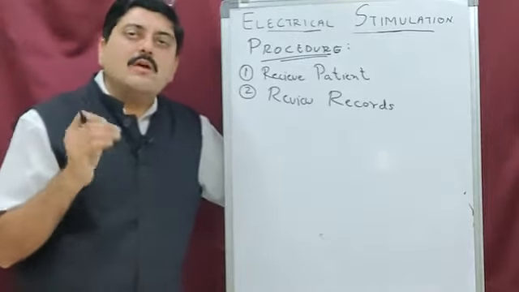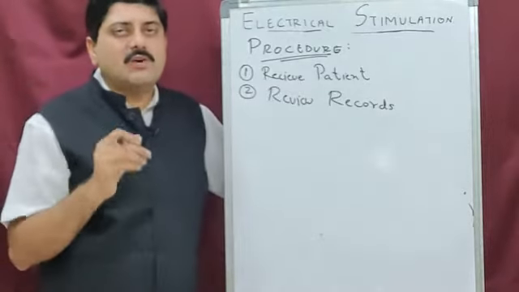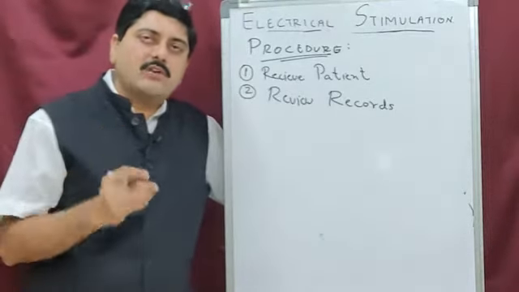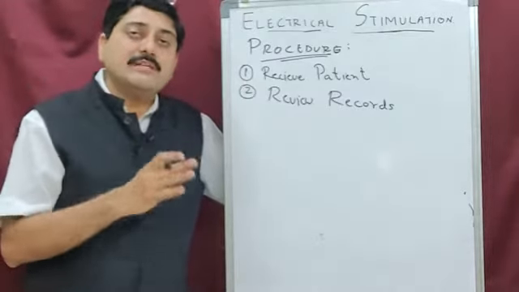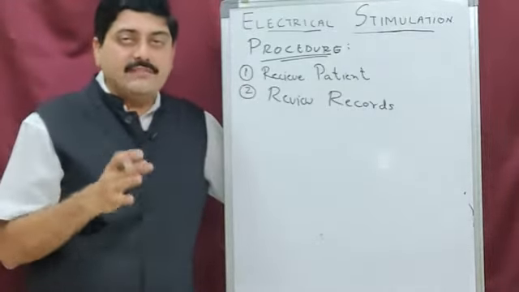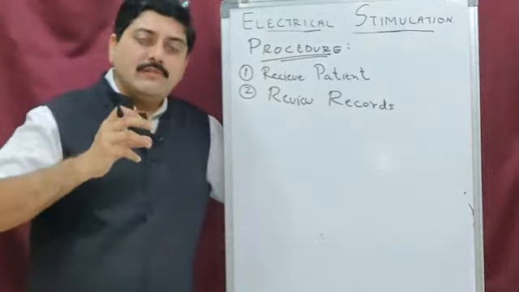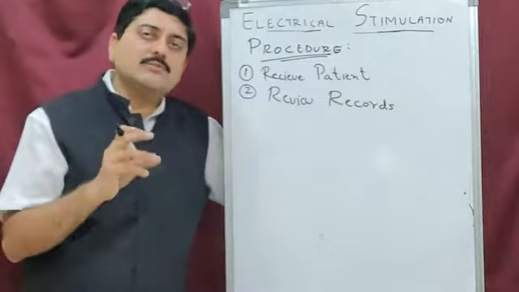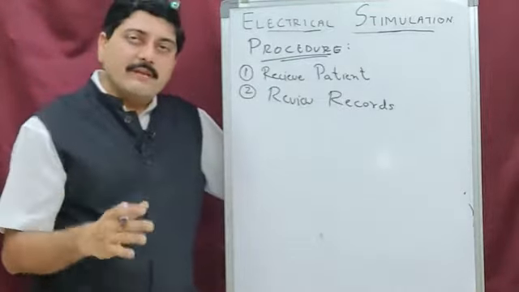So you have to know what exactly the patient is suffering from, whether he has undergone an injury, a trauma, or whether he is suffering from some disease that is causing the weakness. So you have to know the cause of the weakness or the reduced motor performance before we start the treatment.